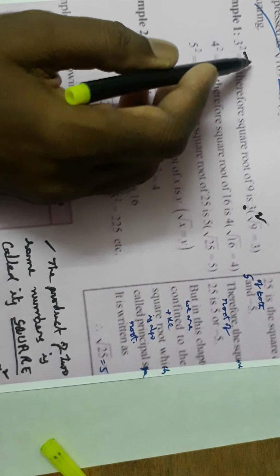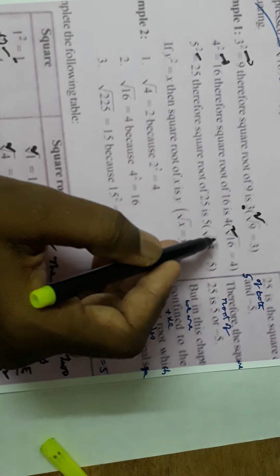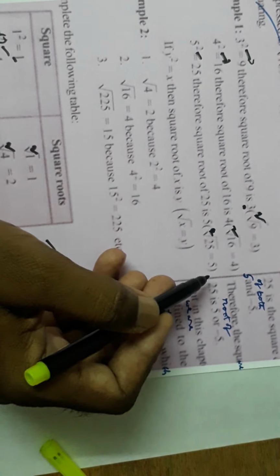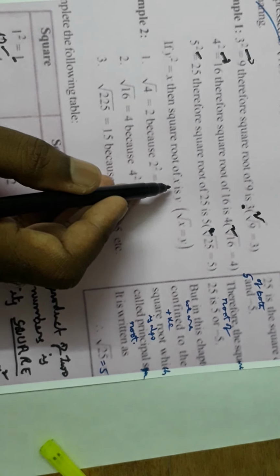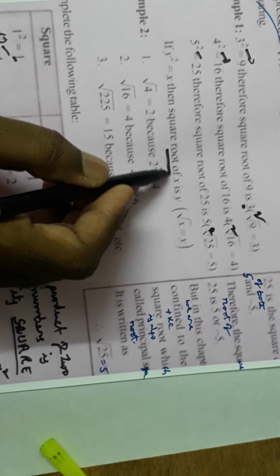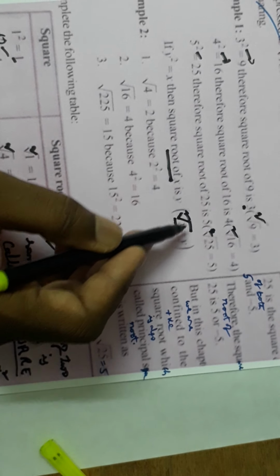This square transfers to the other side. Square is square root. 16 is equal to 4. Square is square root. 25 is equal to 5. If y square is equal to x, then the square root of x is written as square root of x is equal to y.